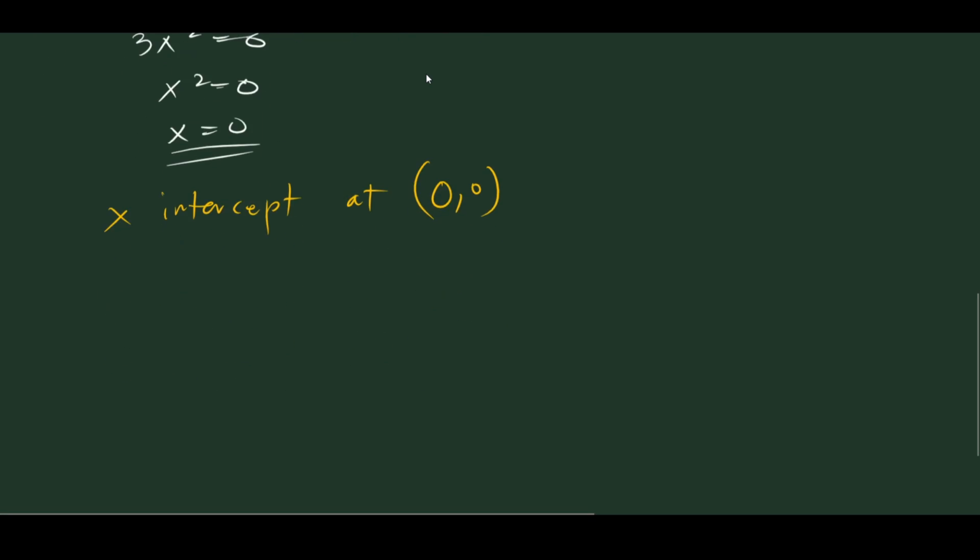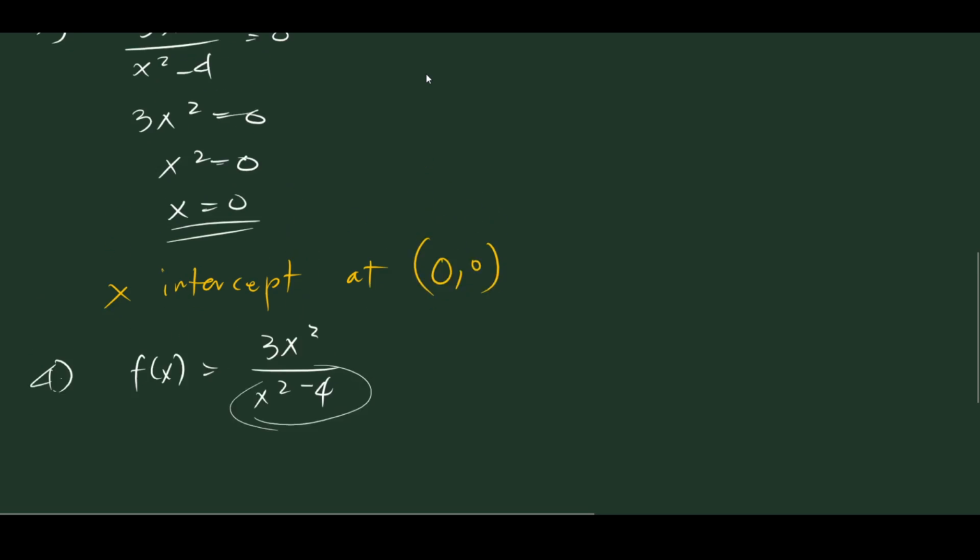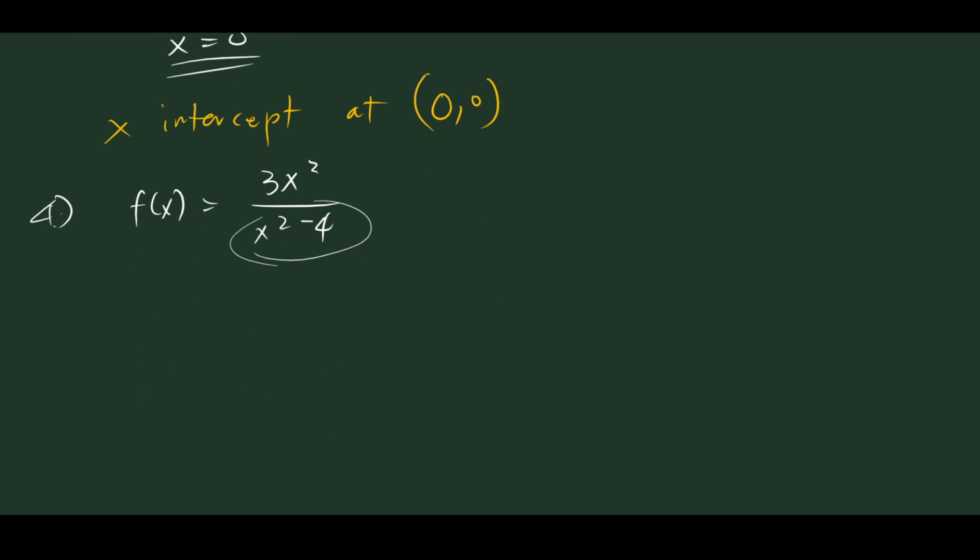Okay, so the fourth step will be to find the vertical asymptotes. Okay, so what do we do again to find the vertical asymptotes? We need to find out what makes the denominator 0, right? So let's equate the denominator to 0. We have here x squared minus 4 is equal to 0.